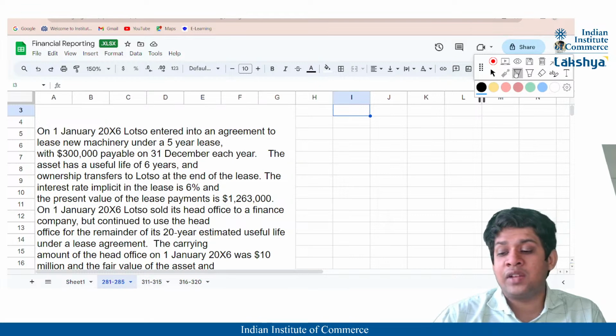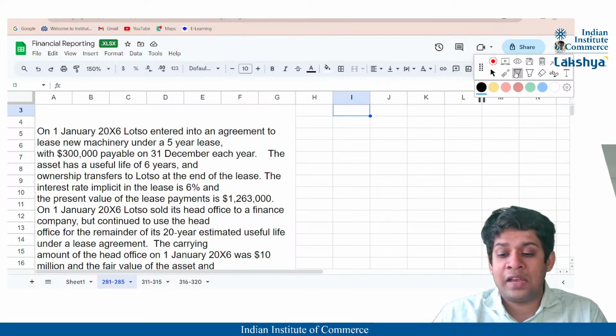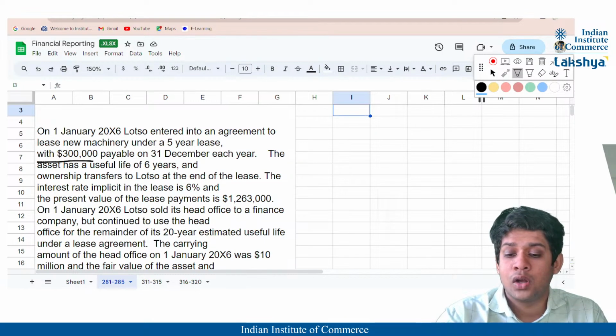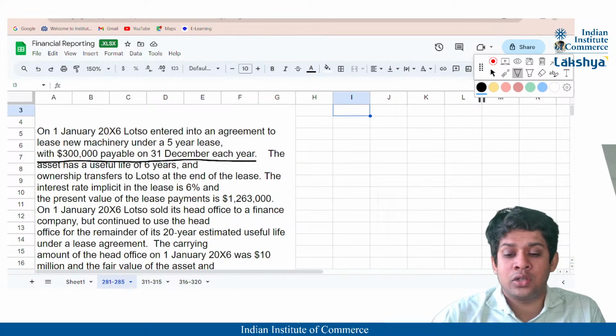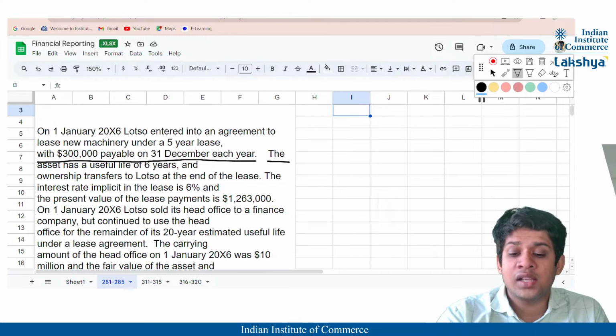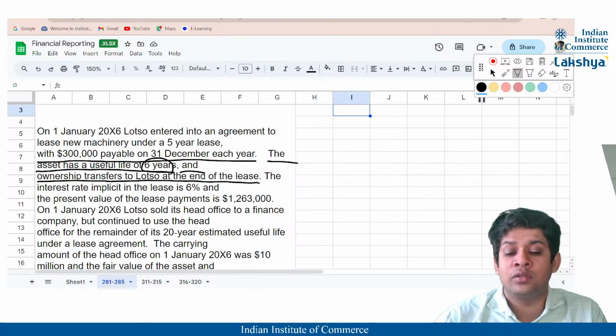Okay, so that means they have taken new machinery under a 5-year lease with $3 lakh payable on 31st December each year. That means the payment is made at the end of each year, right? Annually in arrears. The asset has a useful life of 6 years and ownership transfers to Lotso at the end of the lease. That means the ownership belongs to the lessee after the lease agreement.